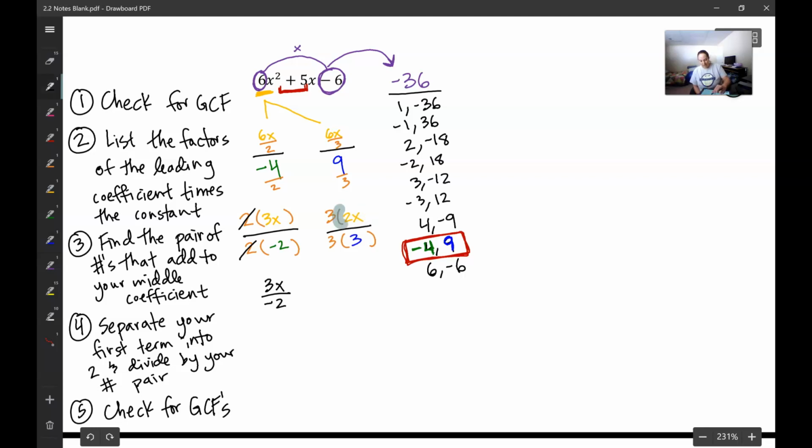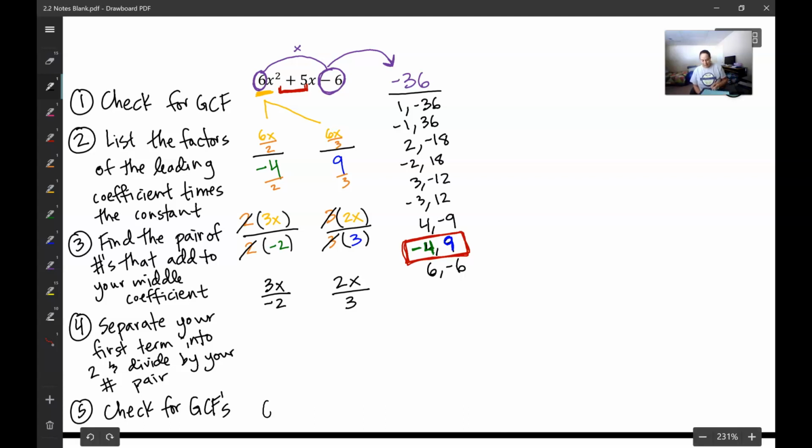And then once again, I have a 3 on top and a 3 on bottom, so they can cancel out, and I'm left with 2x over 3. Just trying to color code things over here. There we go. So that's step 5. Check for GCFs on top and bottom, take them out, and then cancel them.